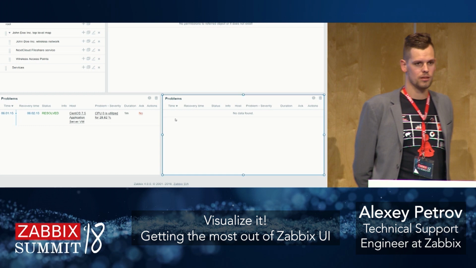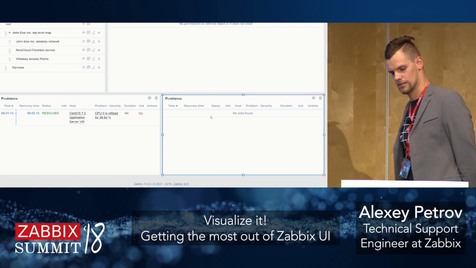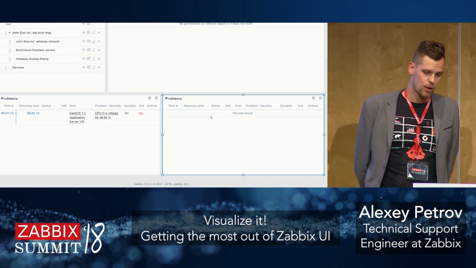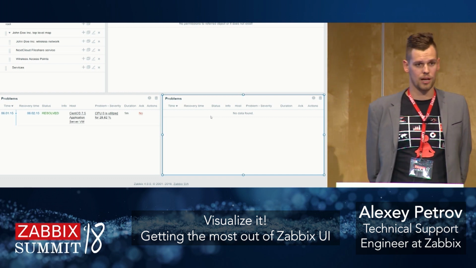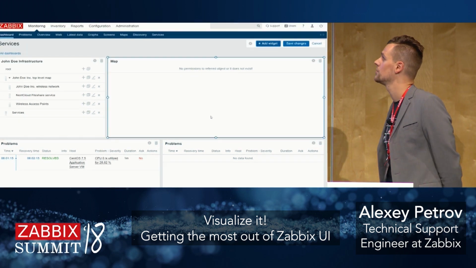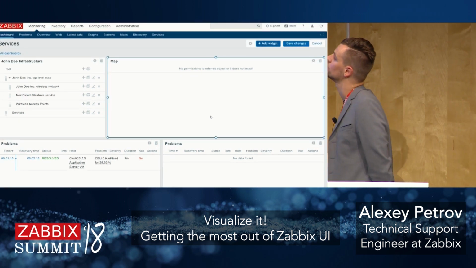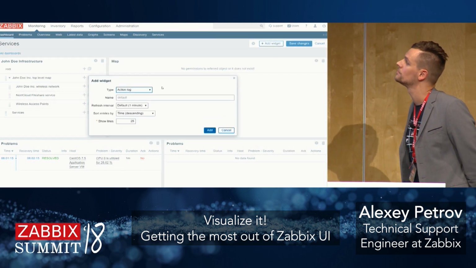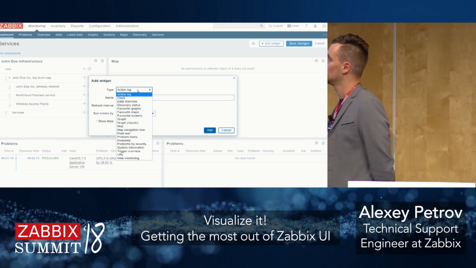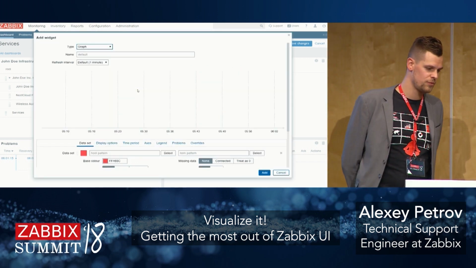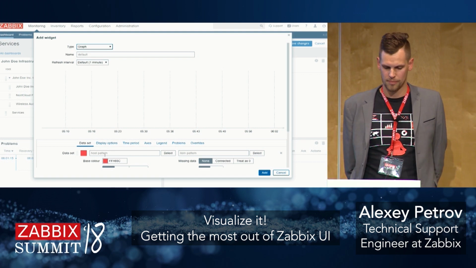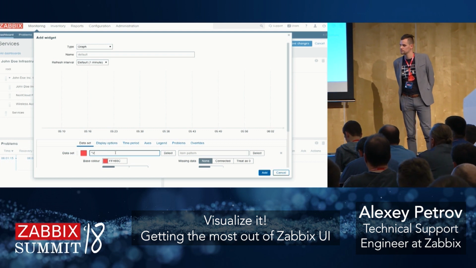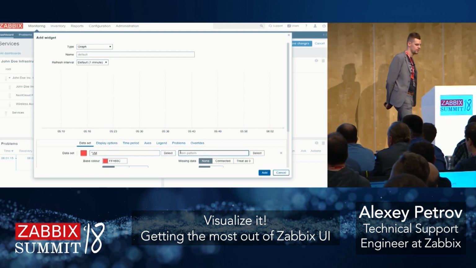And as a cherry on top of this nice dashboard, I would like to place a graph widget. The same as I was performing a few minutes ago, I will place barely the same VM.